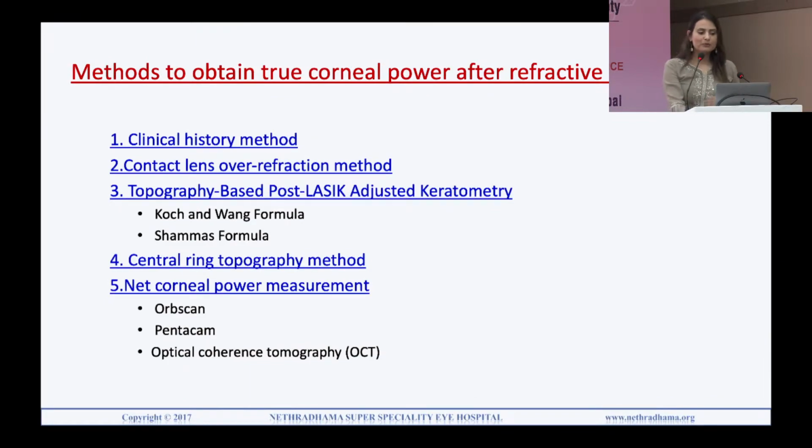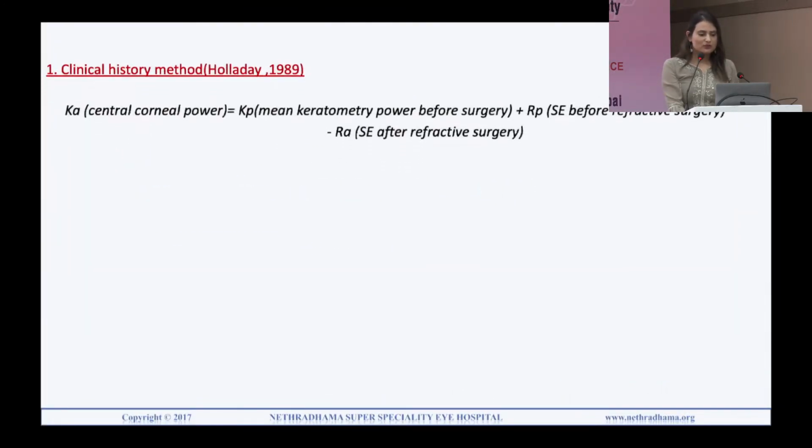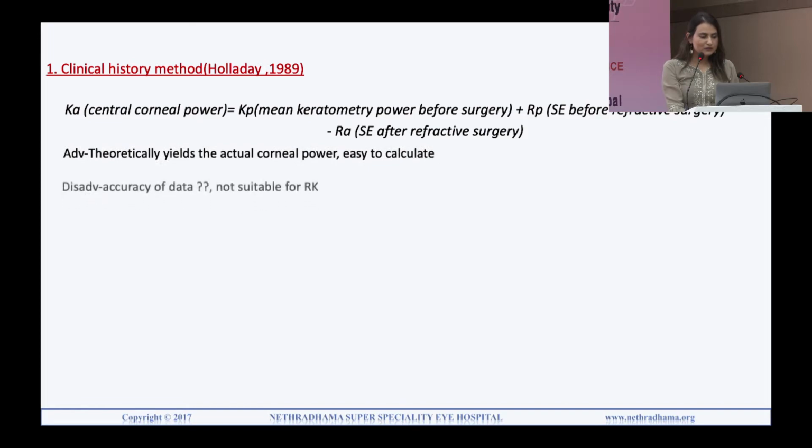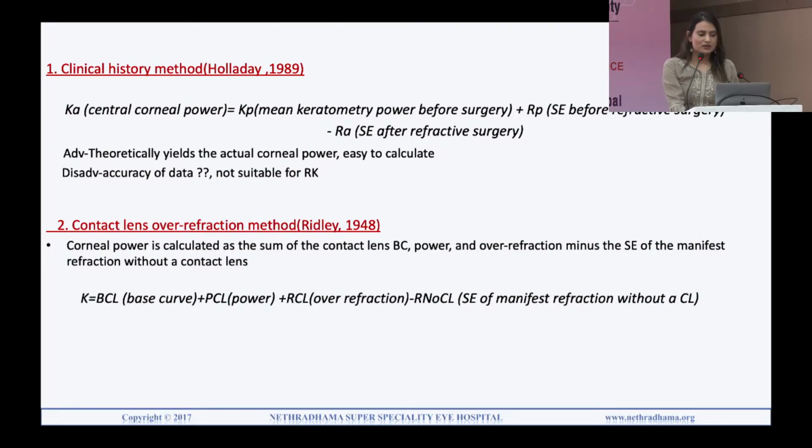So how do we measure the true corneal power after refractive surgery? There are different methods. I'm not going into the complete detail of these methods. The first is the clinical history method, still known as the gold standard. The advantage is that it is easy to calculate. However, you need very accurate data and it is not suitable for post-RK eyes.